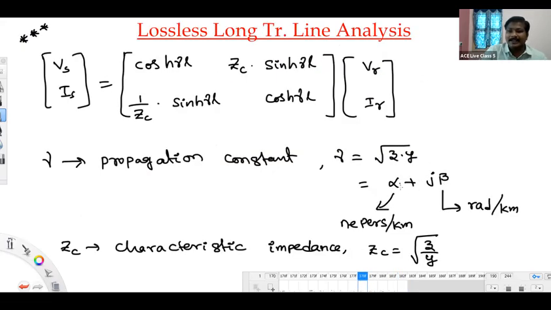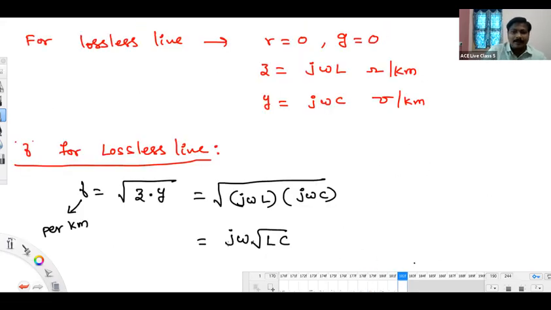Now you know already gamma equals alpha plus j beta. Now we have found gamma as j omega root LC only. Means what is alpha here? Alpha is 0, and beta equals omega root LC for the lossless transmission line.